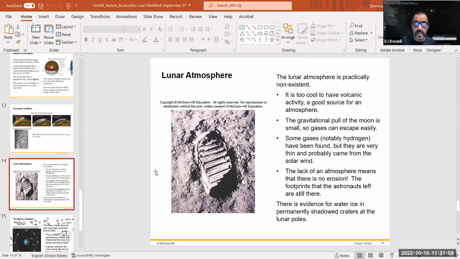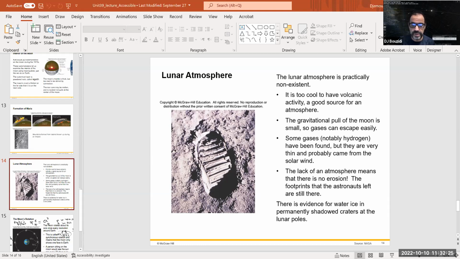Okay. There is not much atmosphere on the surface. This is one of the footprints left by the astronauts on the moon. I think this is Armstrong. The point being, no, is it Armstrong or Buzz Aldrin? One of them. Anyway, the point here is that the imprint stayed in its place, and nothing is going to move it because there is no wind or anything flowing on the surface of the moon.